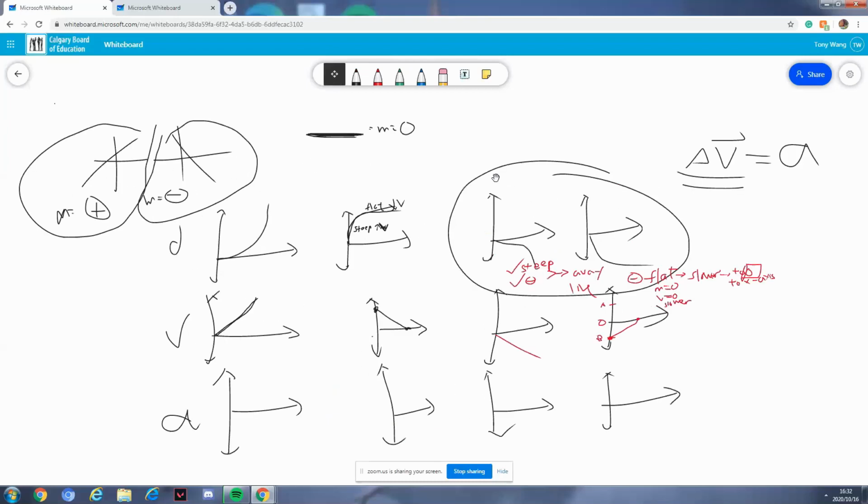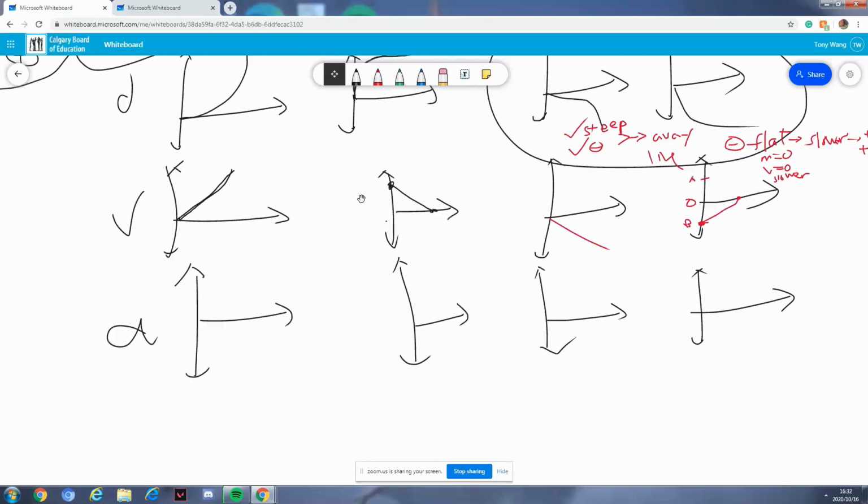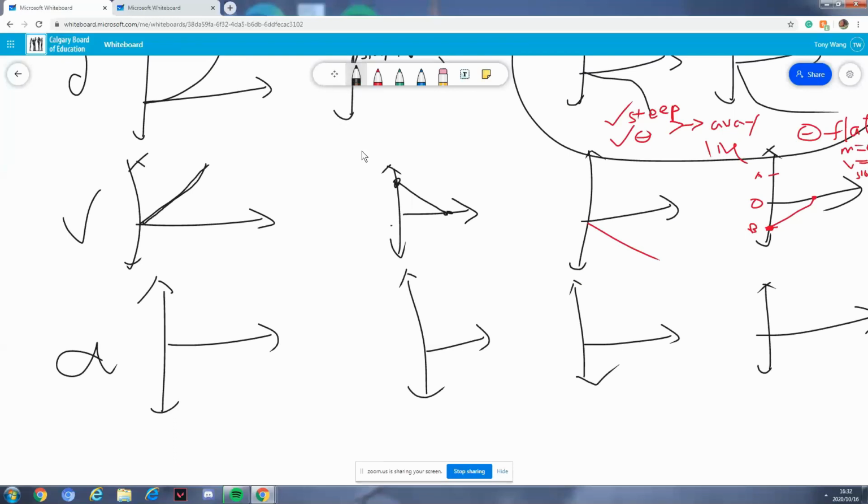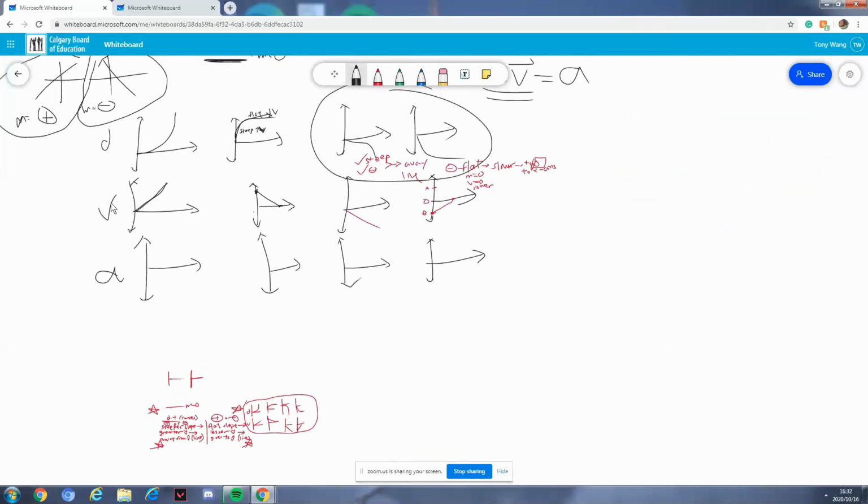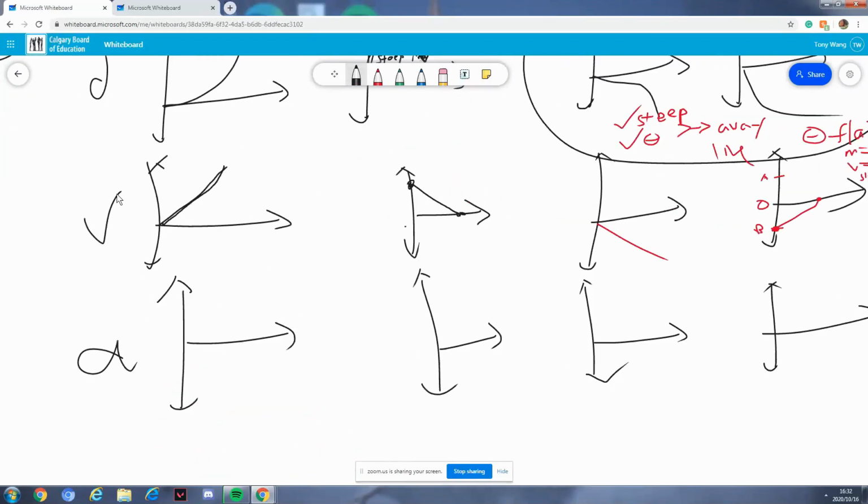All right. So let's see if we really understand this concept. So what was the conversion factor, how do we convert a velocity time graph to an acceleration time graph? What device do we use?